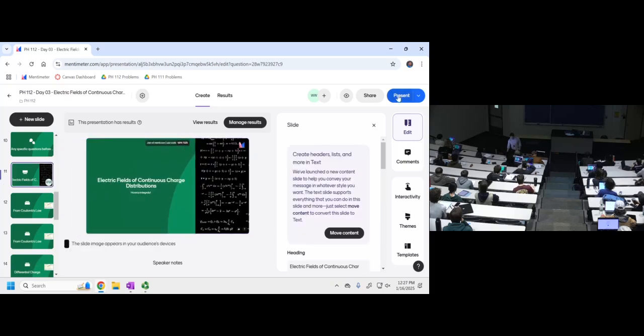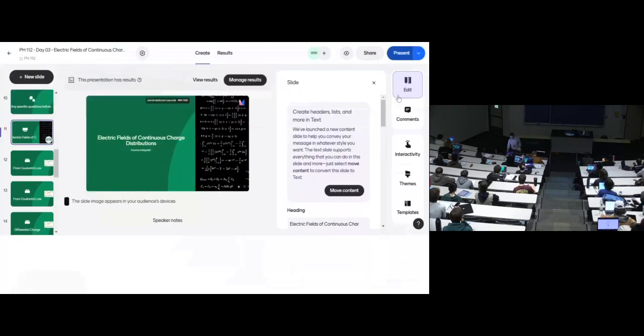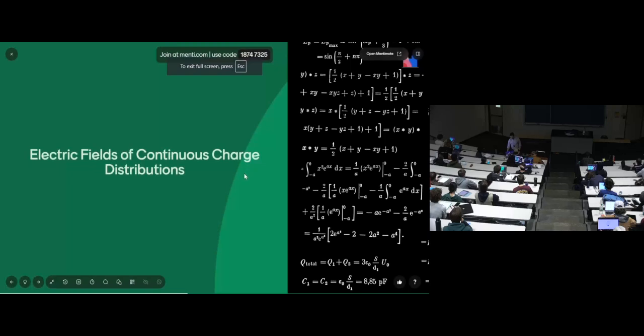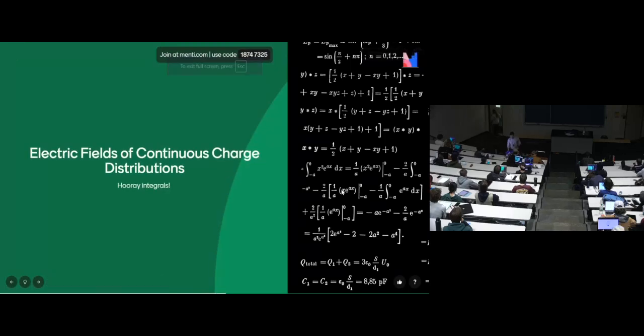And at least do this, and we'll start with problems here next time to discuss how to do electric fields of continuous charge distributions. And you'll see my subtitle there, Hooray Integrals, right? This is where calculus-based physics really starts, where the rubber starts hitting the road.